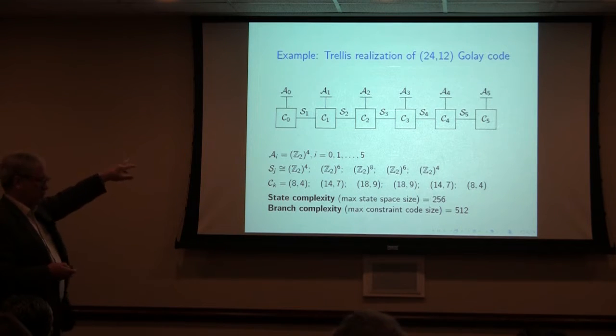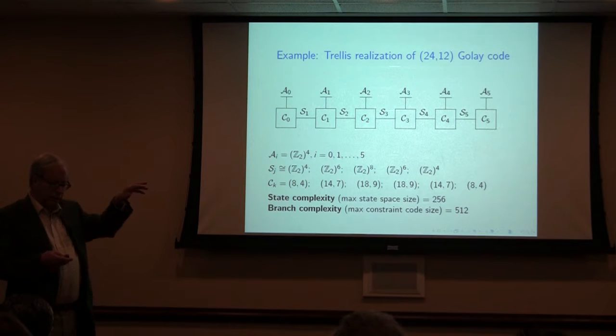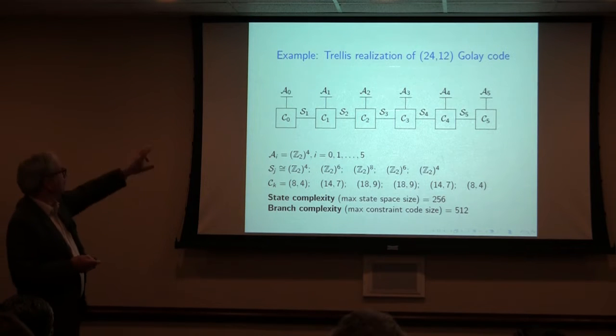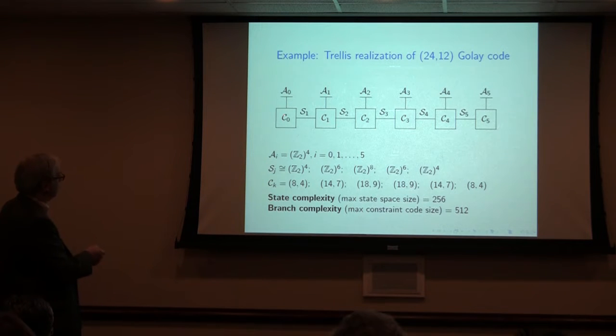The constraints in this case correspond to, well, external variables are indicated by this little dongle symbol here. You can see each of the external variables here only touches one constraint.